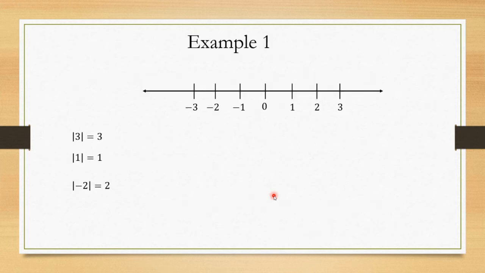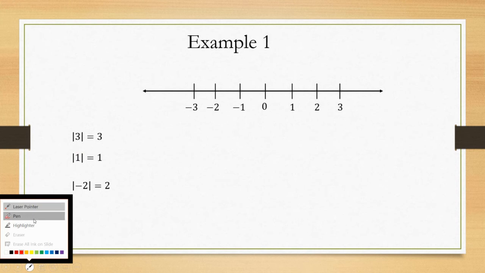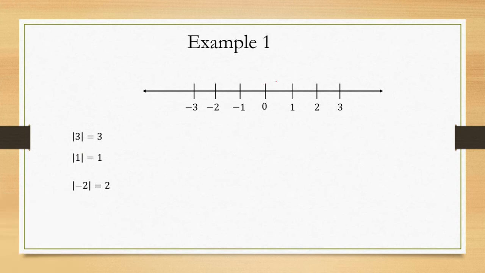All right. As an example, what would the absolute value of 3 be? Well, that's going to be 3. Why is that? Well, 3 is 3 units away from 0. Here's 1, here's another unit, and here's another unit.